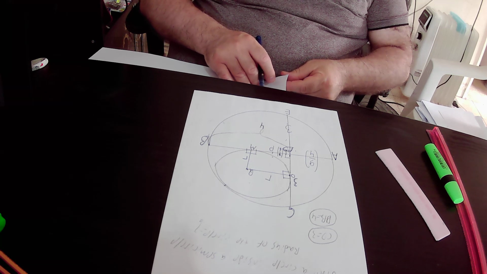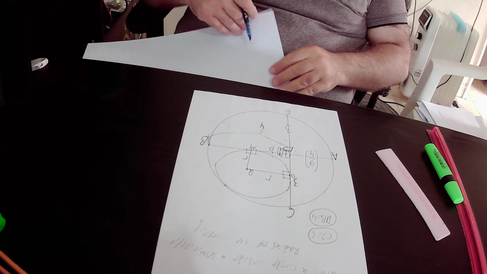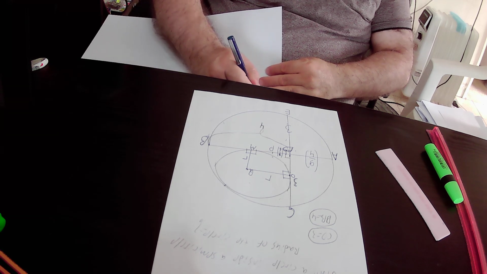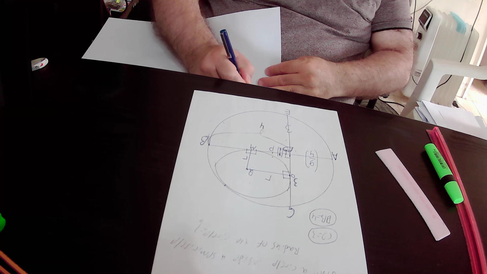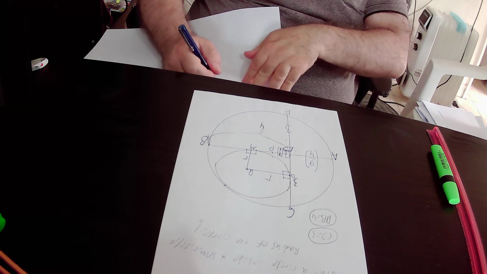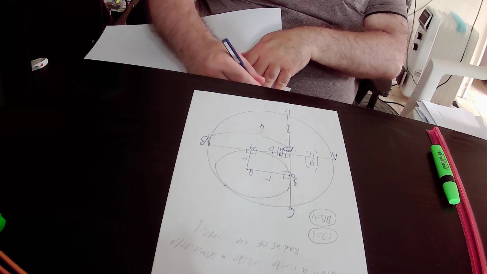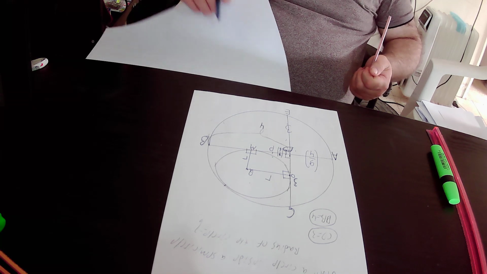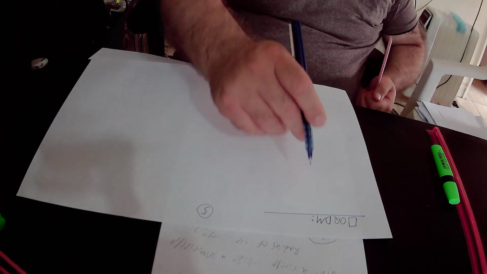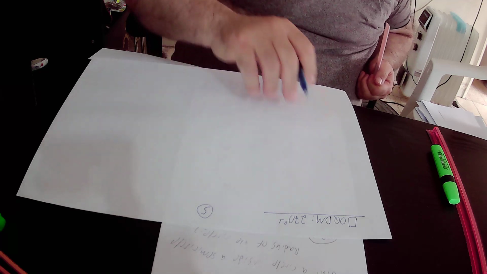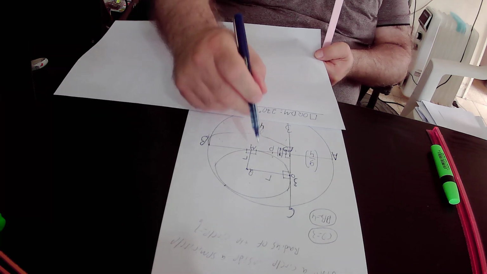In quadrilateral OQDM, we have 3 right angles. The sum of 3 right angles is 90 times 3, which is 270 degrees, plus the size of the fourth angle, that is actually this angle OQM.